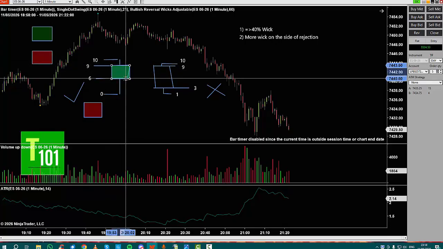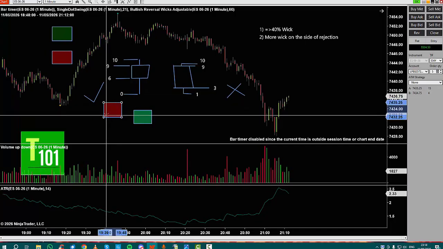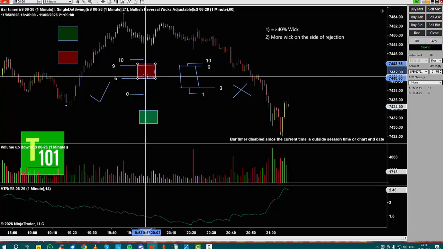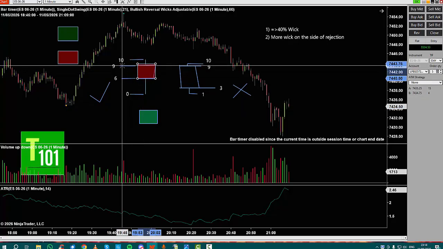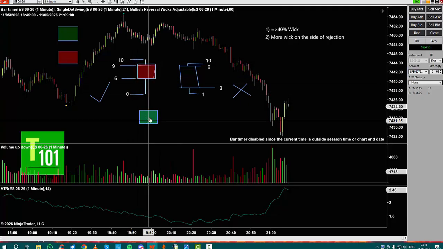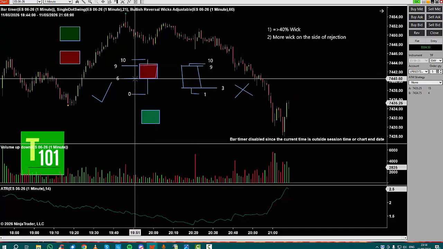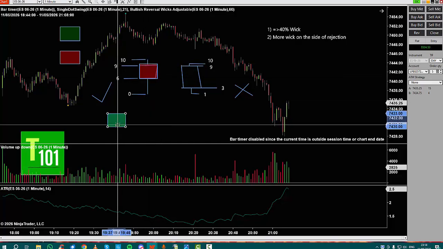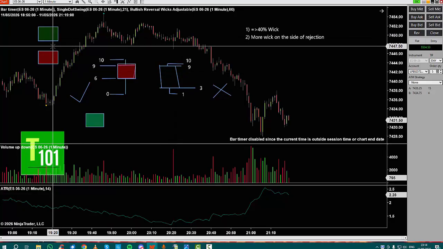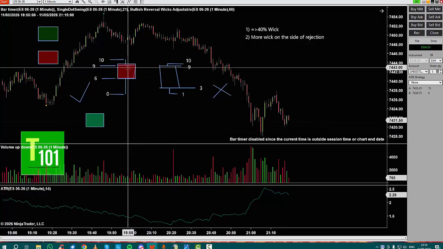Even if this was red, meaning the open was 9, it went as high as 10, went as low as 0, and closed at 6, rather than the open being 6 with a green body, going as high as 10, as low as 0, and finishing at 9. Regardless of the color, and this is valid also for this one here, which I haven't colored, it doesn't matter what the color is.